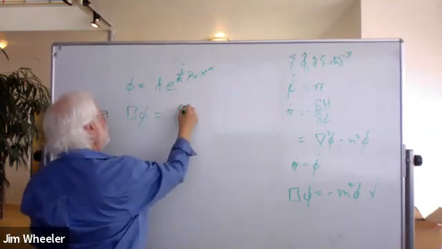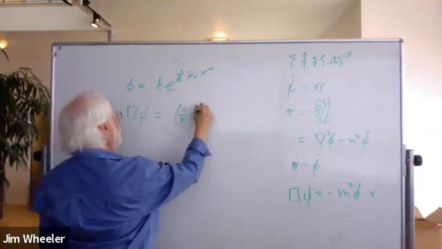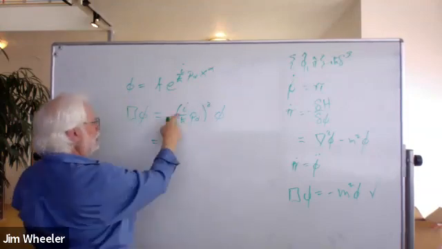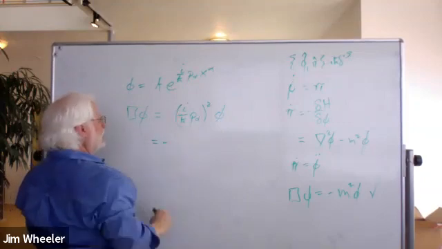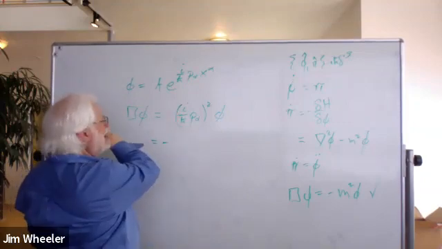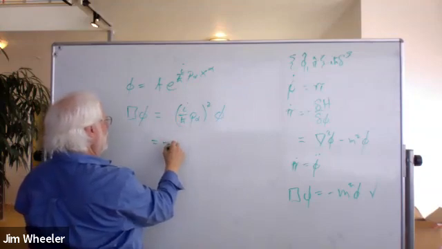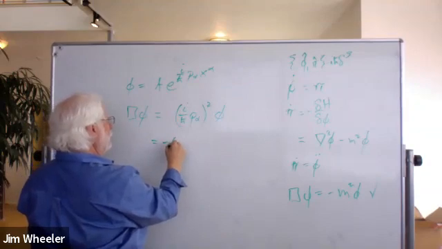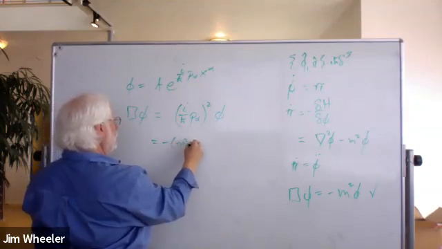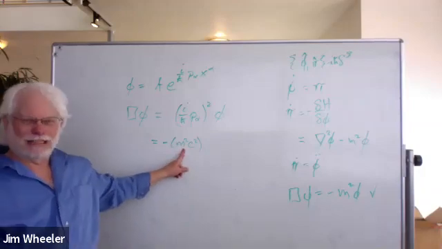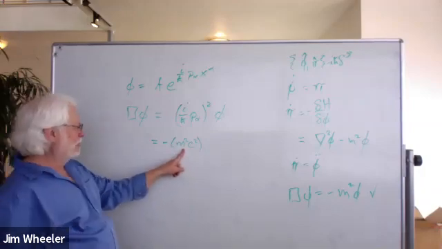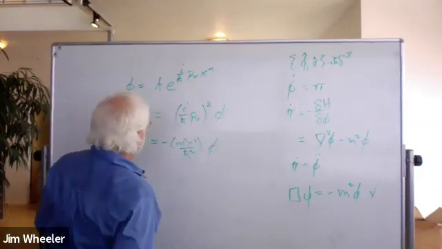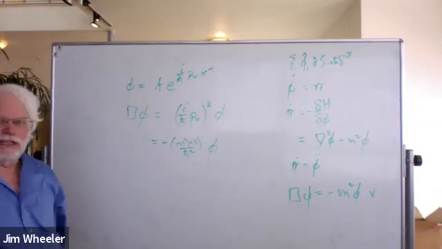We're going to get i over h bar p alpha squared times phi again. And the i squared is going to give us a minus. And then we're going to get a p squared, but p squared is m squared c squared. I thought minus, but it's plus because of the funny metric, over h bar squared times phi. And so that solves the equation.